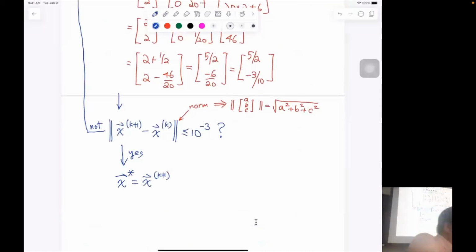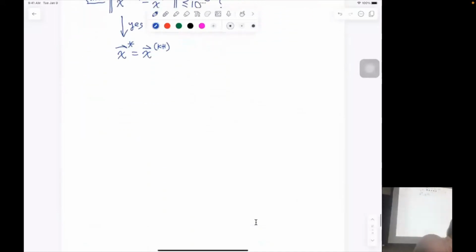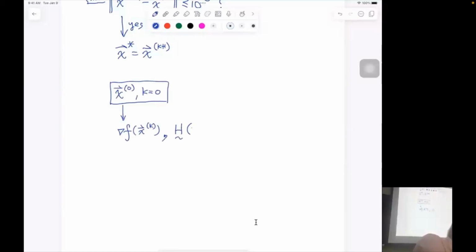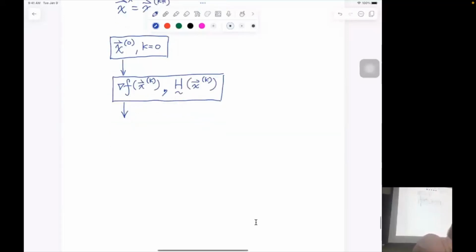If yes, then your optimal is your latest design. Okay? So overall, let me show you the overall procedure again. You have the initial guess, k equals 0, and you need to compute the gradient of f, plug in x of k. You need to compute the Hessian matrix, plug in x of k. And then you need to get the new design point by the equation provided by Newton's method.